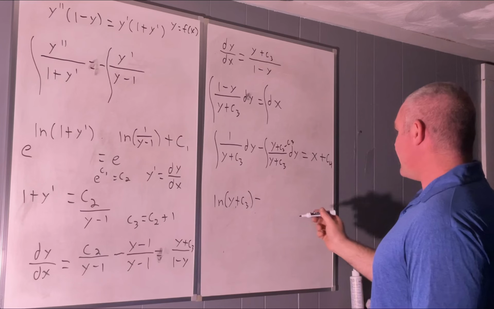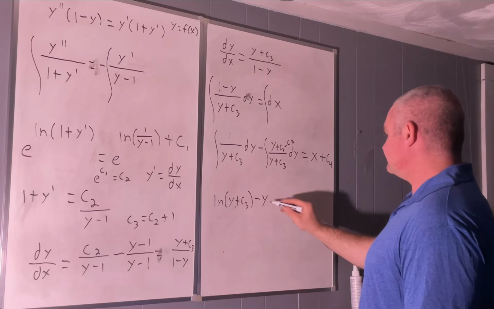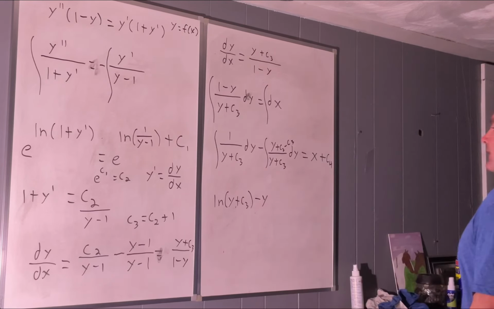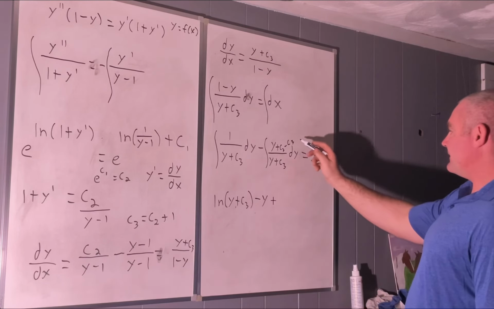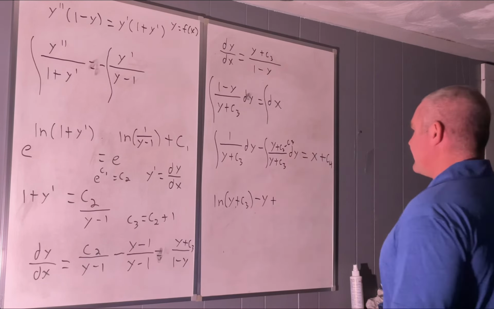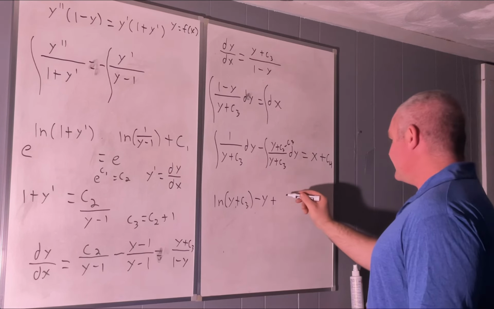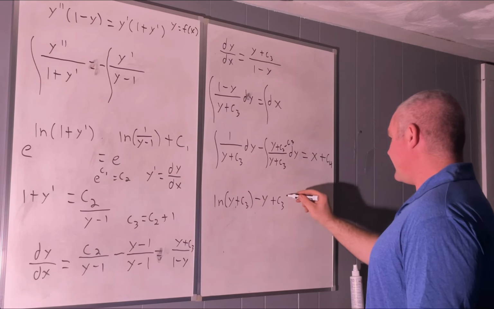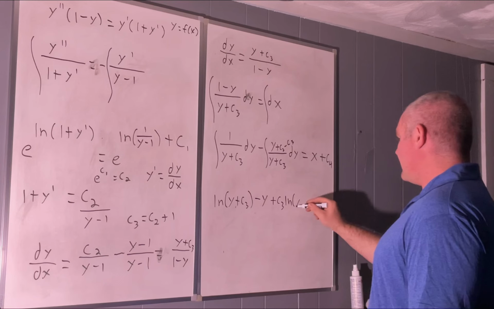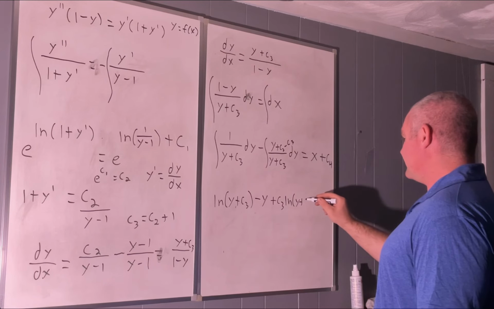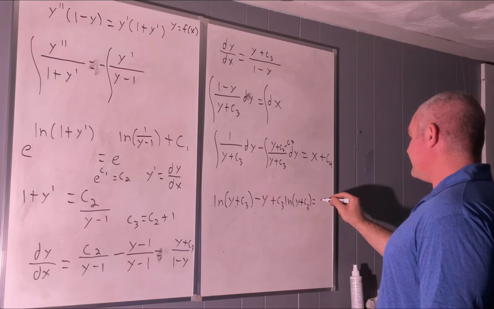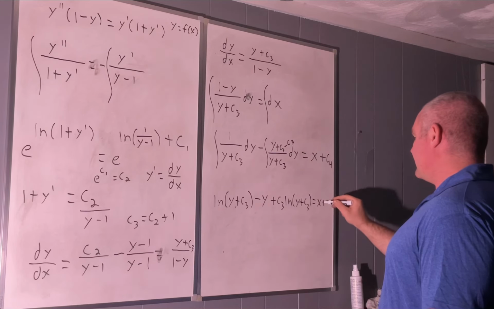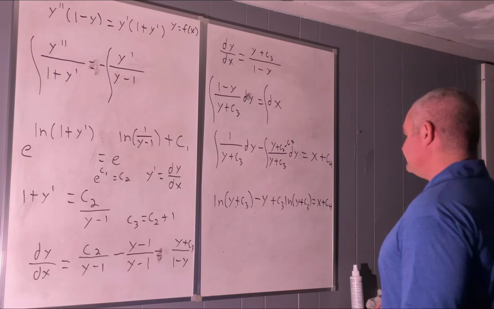This will give us minus y, and then plus the integral of c3 over y plus c3. In other words, c3 times the natural log of y plus c3. And that's equal to x plus c4.